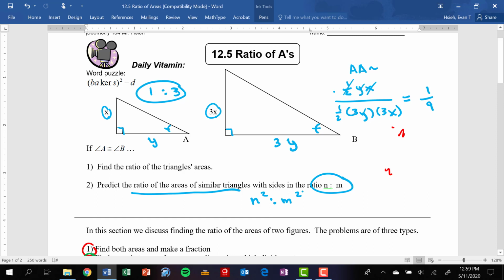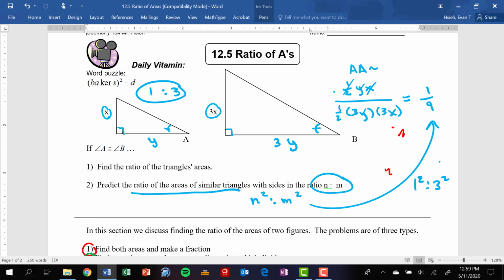You take the sides and square it. So that's how we ended up with 1 over 9. We took the 1 and we squared it, and we took the 3 and we squared it, and we got 1 over 9. And so that's the theorem here. If you have similar figures, you take the ratio of the sides and square them, and that'll give you the ratio of the areas for similar triangles.